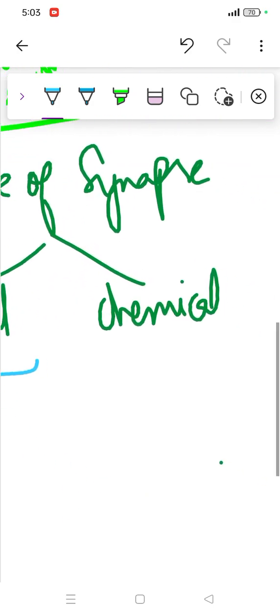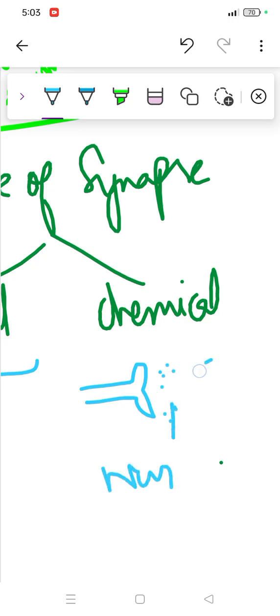Here's the ending of the first neuron, here the chemical would be released. This chemical is basically called a neurotransmitter, as mentioned. Here comes the starting of another axon. Whenever a chemical is released, that's called a chemical synapse. And whenever electrical signals are provided, that's called an electrical synapse. So I hope it will be clear here.